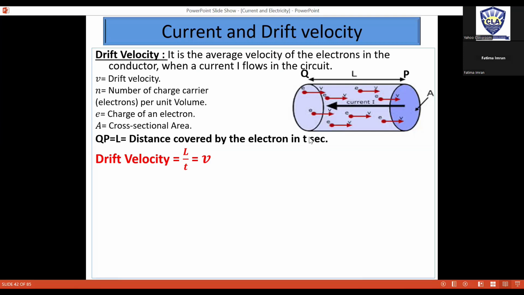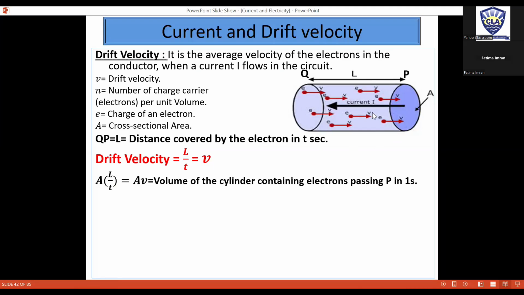But one thing is very clear, that the electron which is moving from Q to P, all the electrons in front of that will also have crossed point P in time T seconds. In other words, all the electrons which are crossing point P in T seconds lie inside this volume of the conductor.